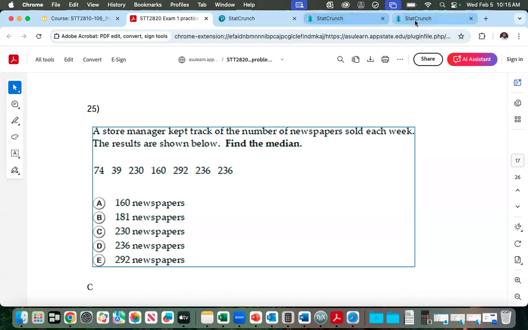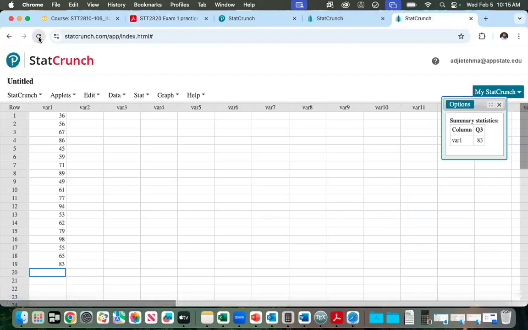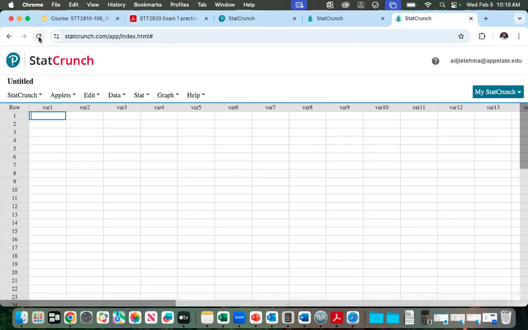So I come to StatCrunch, and then I input my numbers.